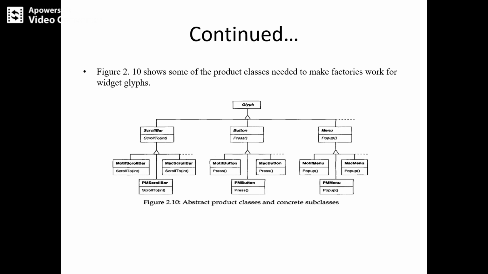Here we need to take these as abstract product classes and concrete subclasses. The abstract product classes are glyph, followed by scroll bar and button, with all the operations that we need to take as different things here. So where does the GUI factory instance come from?